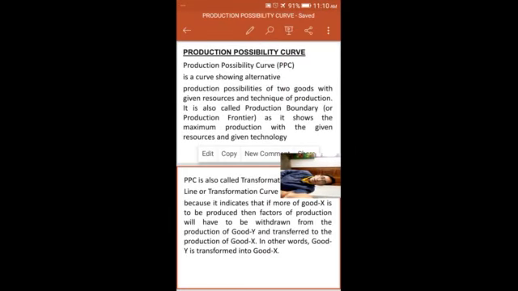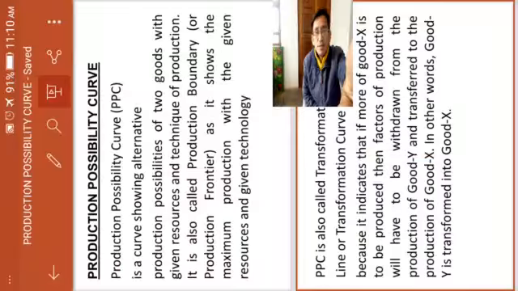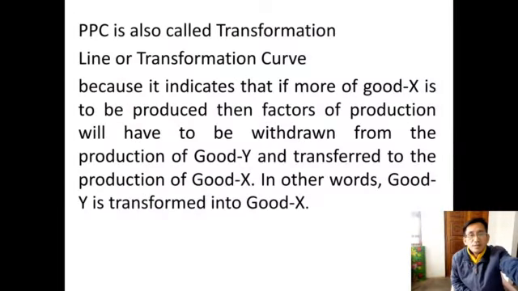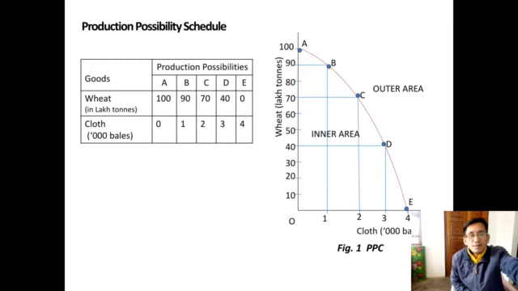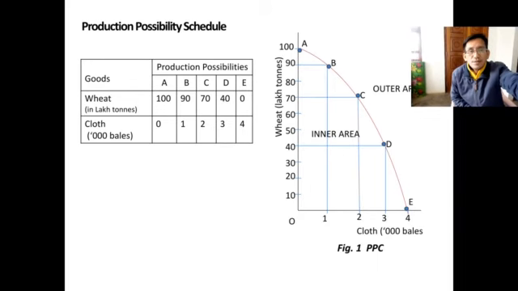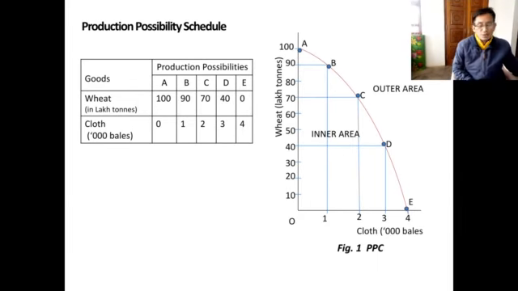Let me just tell you once again. So the production possibility curve slopes downwards from left to right. We have just seen it is represented by A, B, that is the production possibility curve.